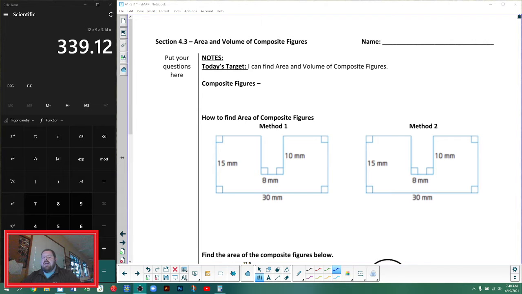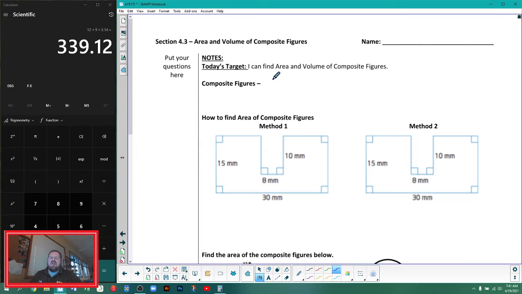Today we're going to be looking at area and volume, not surface area and volume, but area and volume of what we consider to be composite figures. Composite figures are just more or less irregular shapes built from regular shapes.